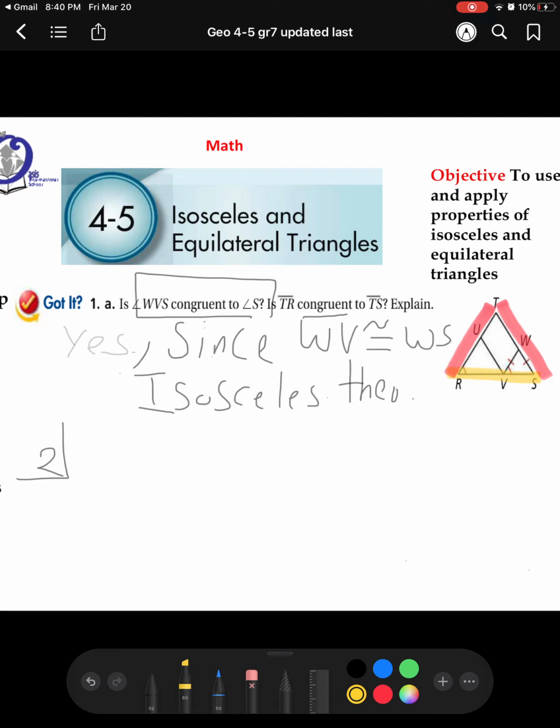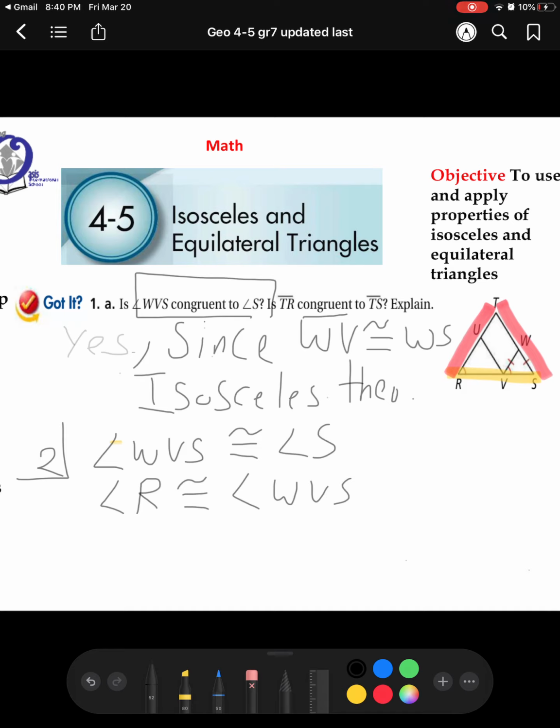It's not marked, but talking about the first part, we proved that angle WVS is congruent to angle S, right? And I can see from the figure that angle R is congruent to angle WVS.